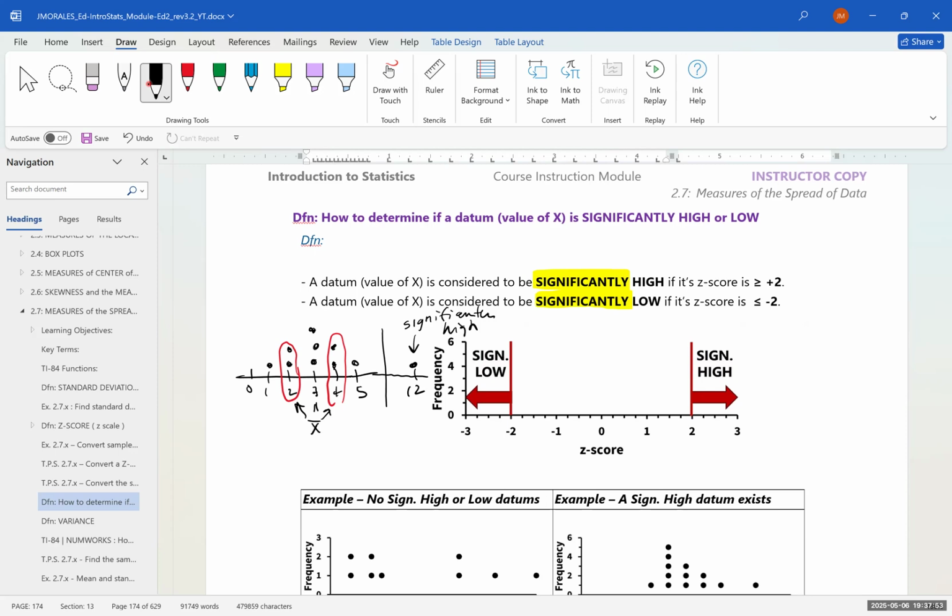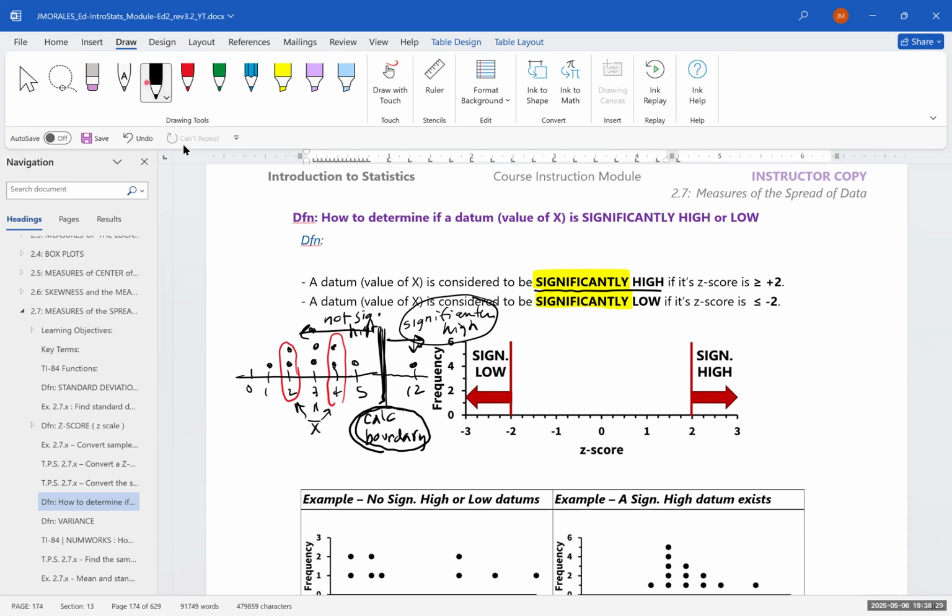That basis is that we need to calculate a boundary. If we can calculate this boundary, then we can say anything outside the boundary is significantly high, and everything inside that boundary is not significantly high.